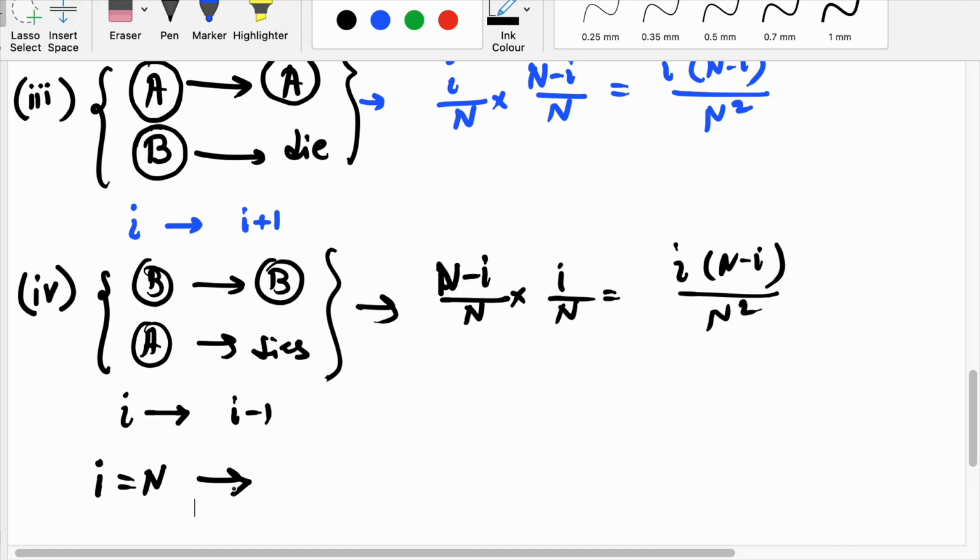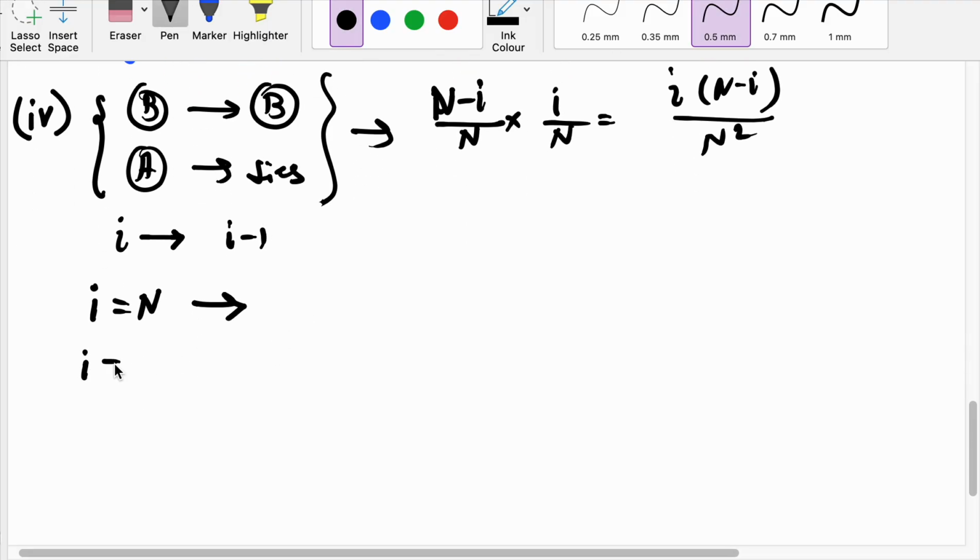And another absorbing state is I equal to 0, which means all B type individuals. If the population somehow, in this birth death process, reaches I equal to 0, it will always remain at I equal to 0 because no mutation is happening. No A type individual can come into the population.